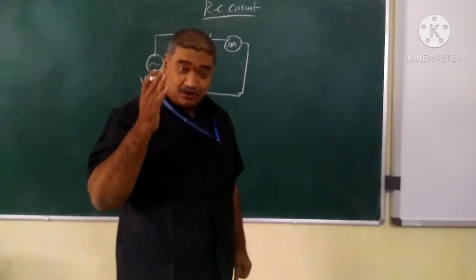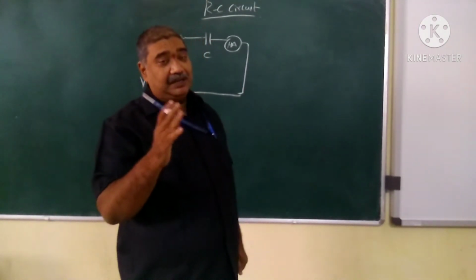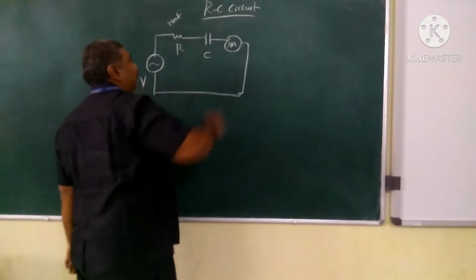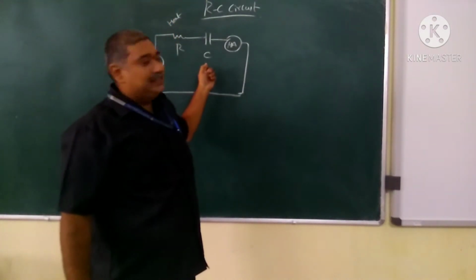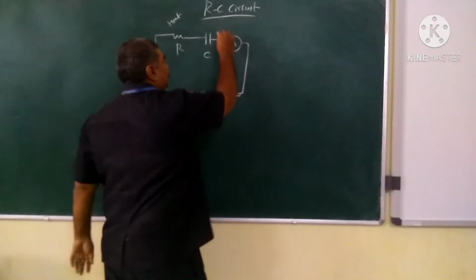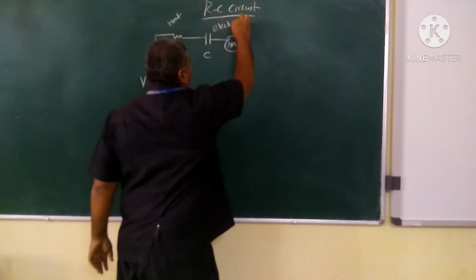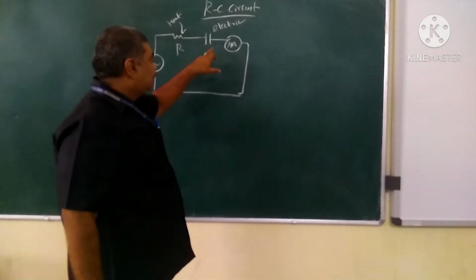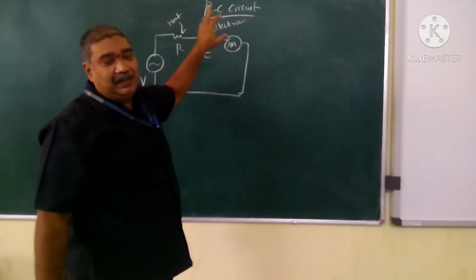Now what is this resistance going to do? It is going to abstract the energy and convert that energy into heat. And the inductance in the capacitor is going to convert this into electric energy. So the resistance stores energy in the form of heat, and the capacitance stores energy in the form of electricity.